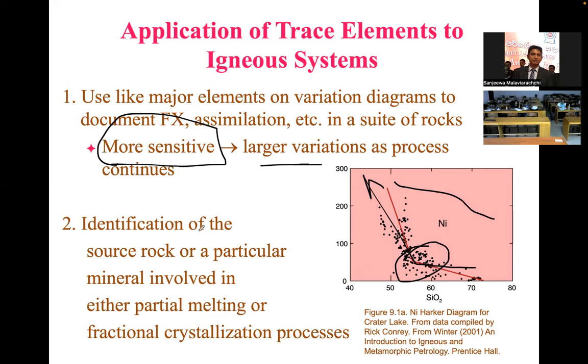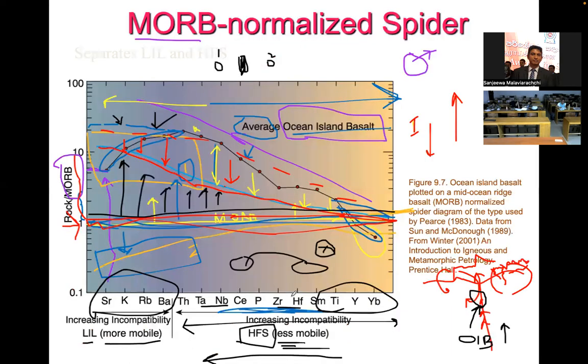Okay, so identification of the source rock, how these rocks or minerals evolved in partial melting processes or fractional crystallization processes, or even after that. That means post melting or post crystallization, something like we explained here, right?